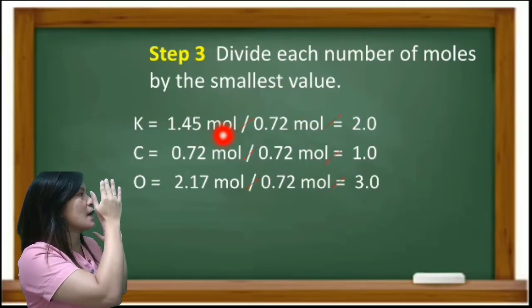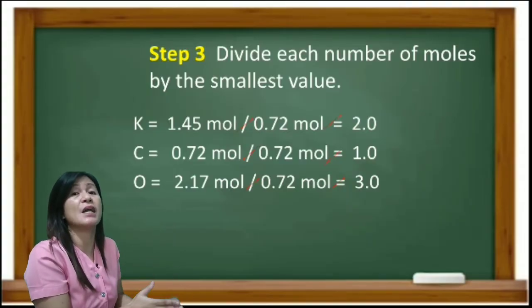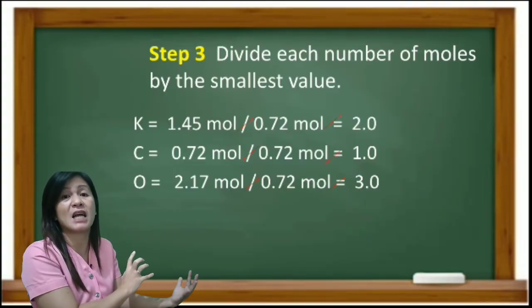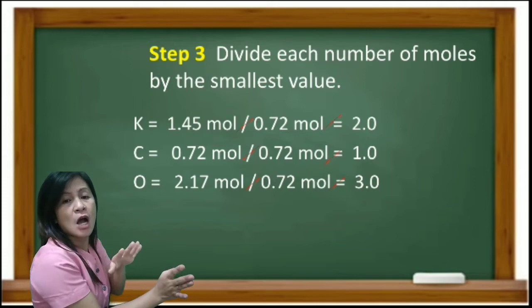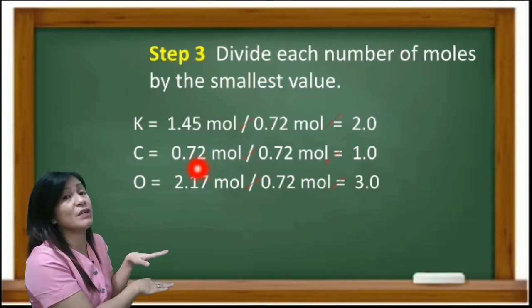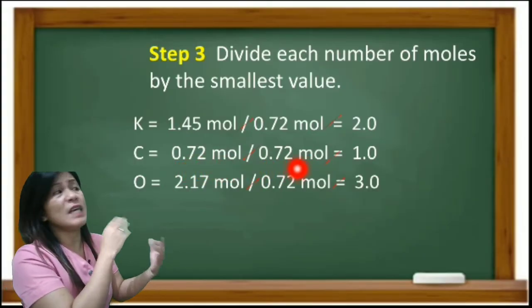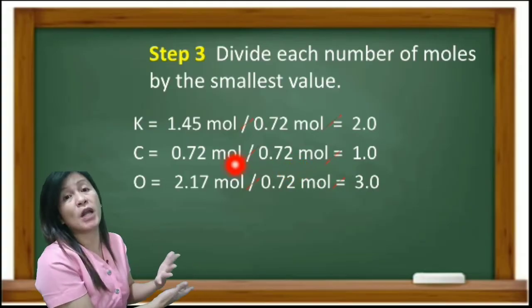In this step, you already have a whole number, because that gives us the number of atoms present in the empirical formula of the compound. Let's have carbon. The calculated mole of carbon is 0.72 mole. It happens that this is the smallest number of moles.